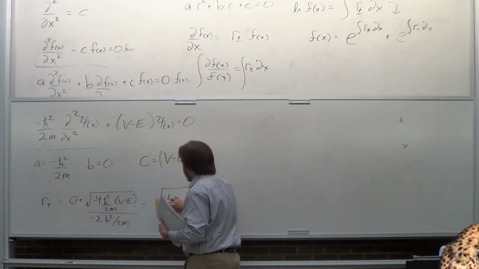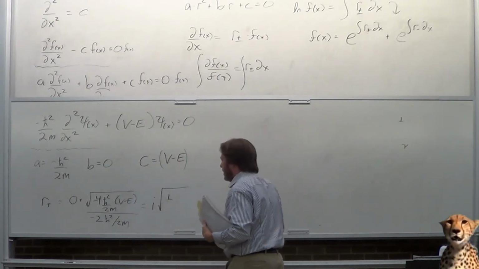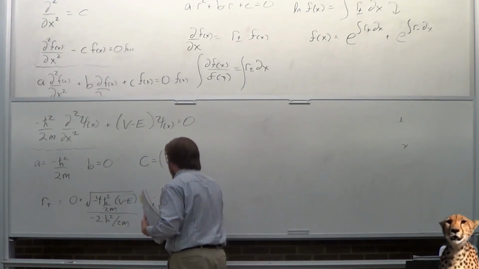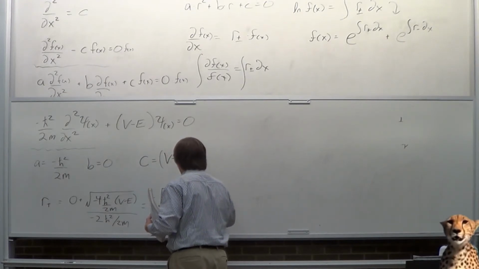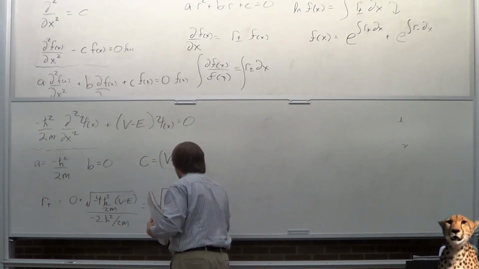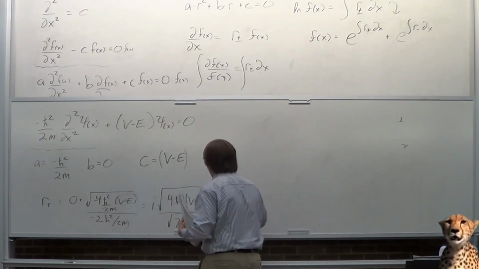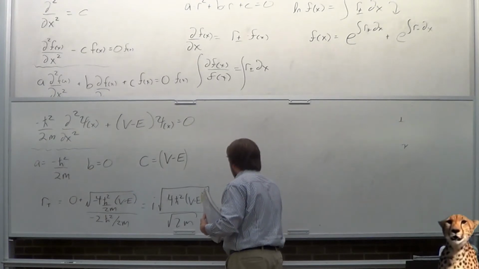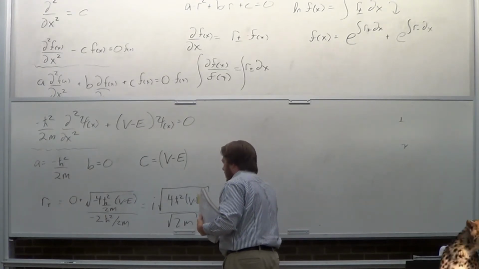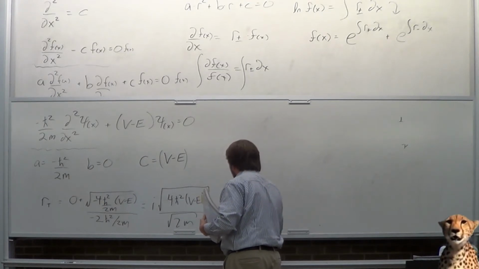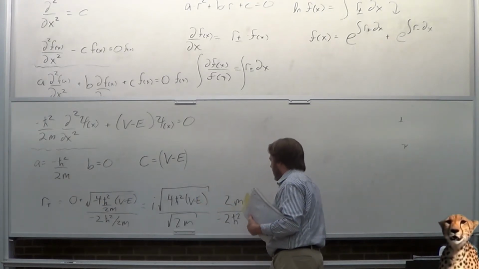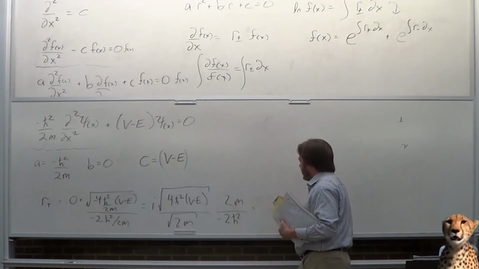I can take the minus out by putting an I. Now I've got 4 R squared times 2m over minus, oh, okay, I see. So it's I.